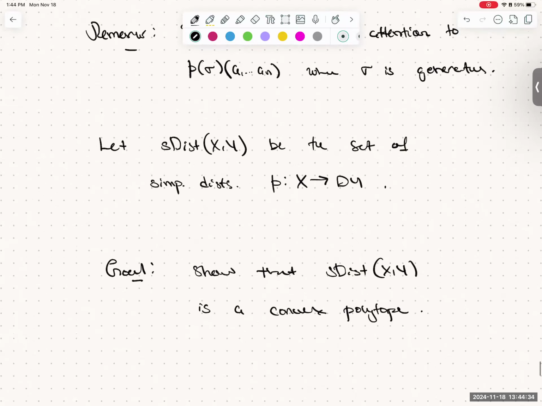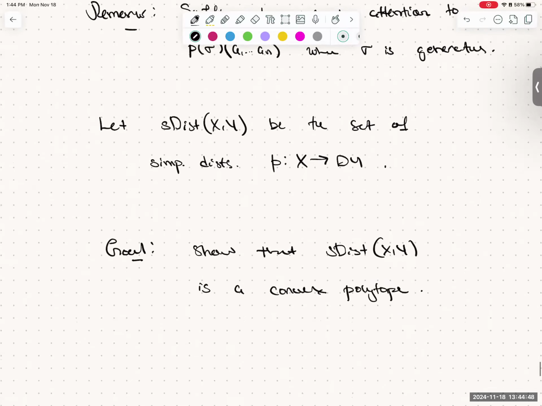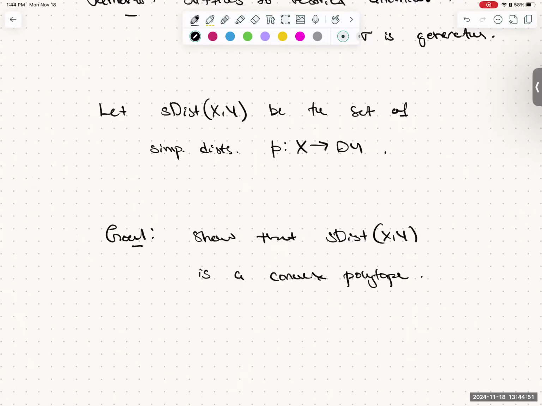I should also say that X and Y have to be finitely generated. That's the lingo, right? Sorry, can you say it again? So for this statement to be true, X and Y need to be finitely generated. I think the correct statement possibly requires X to have finitely many non-degenerate simplices. Finitely many, yeah, non-degenerate simplices.